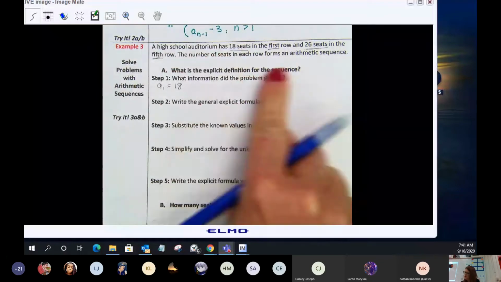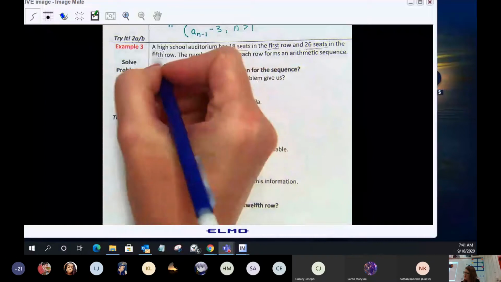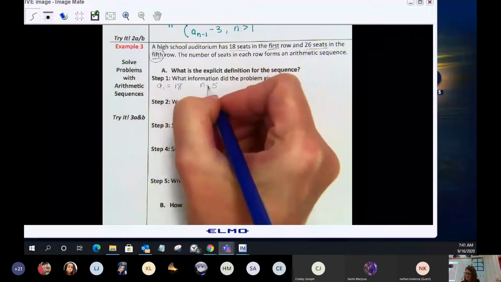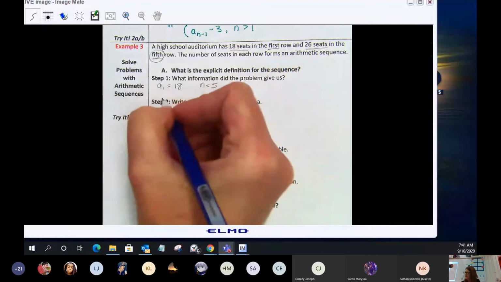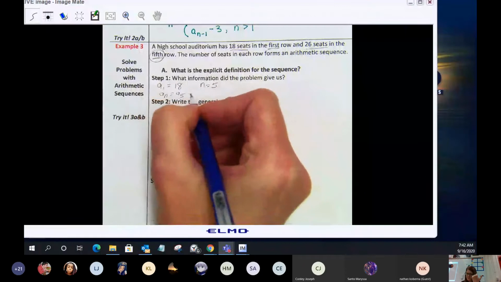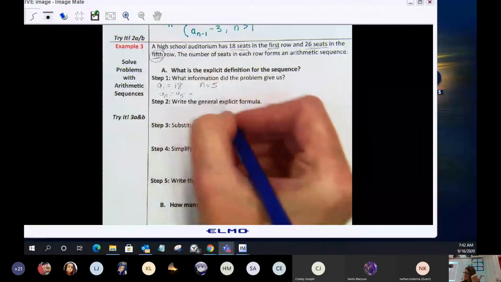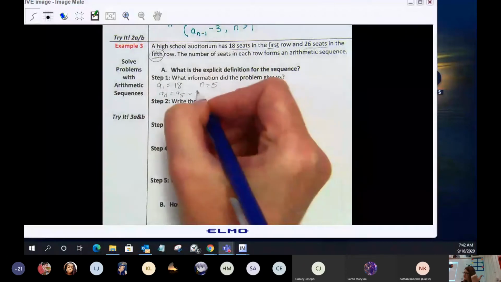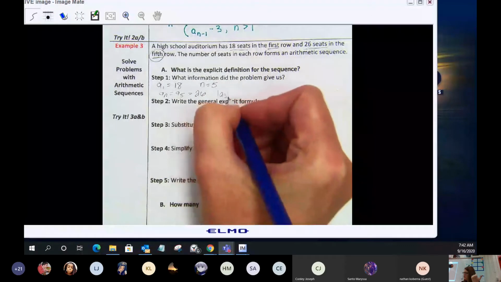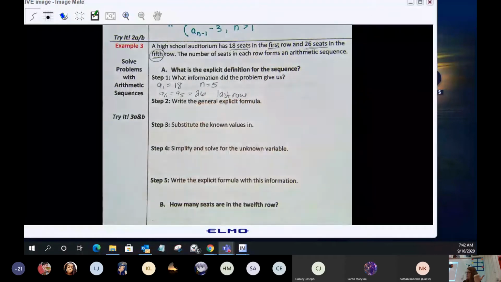So I'm also looking at fifth, so that means n equals 5, and my a sub n is a sub 5. We'll say that's the final, and that is 26, your last row. So that is what we know.